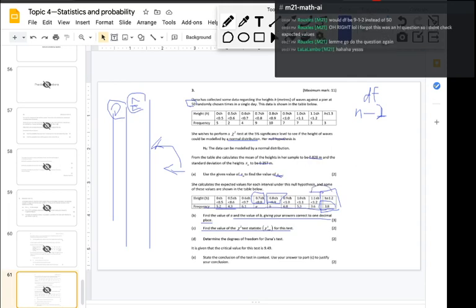So the last cell would be 3.6 plus 3.8. Oh yeah, so the upper part is also going to be merged together. So this would be 6, and this would be 7.4.